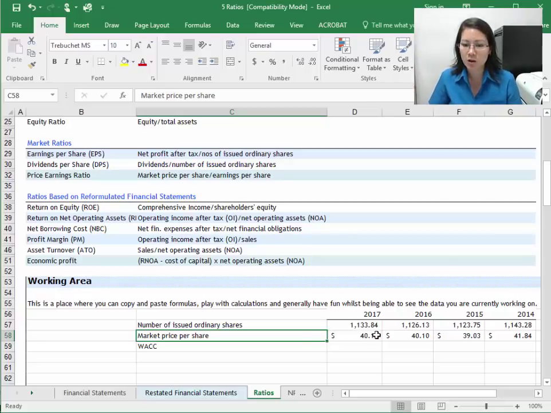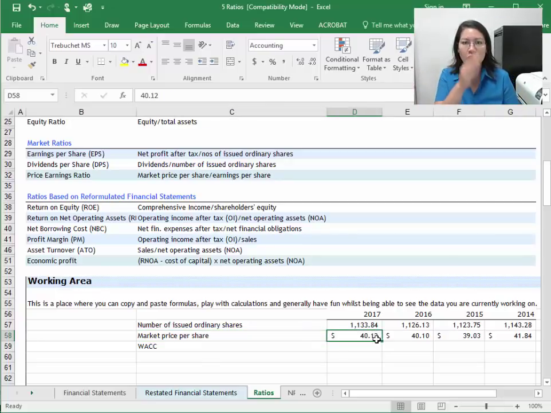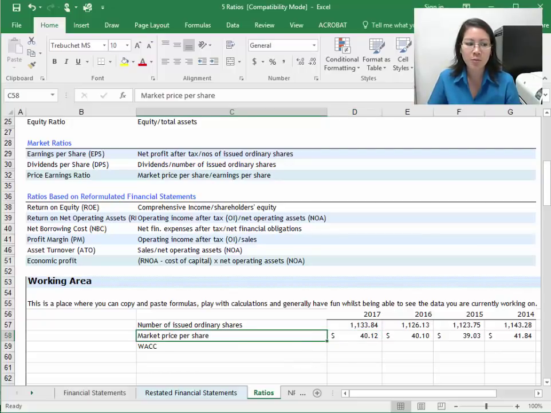So you can find out the share price as at 30th of June on each of those years, from 2017 through to 2014, and then you can get your figures that way. So that's market price per share.